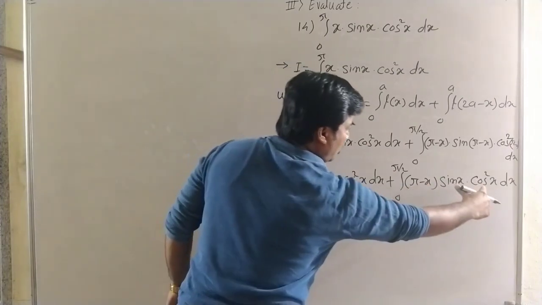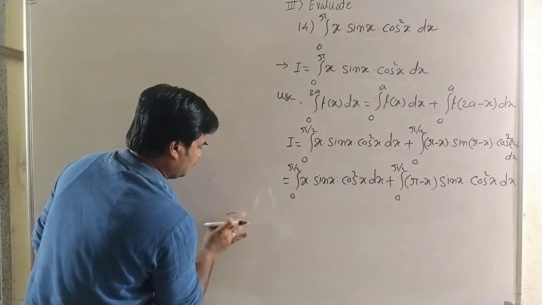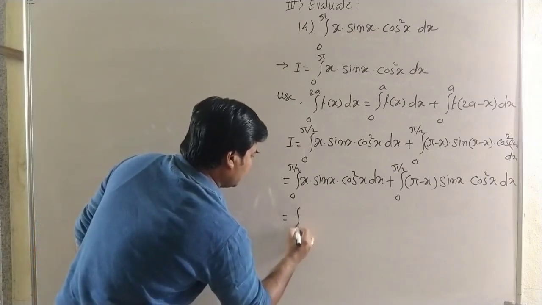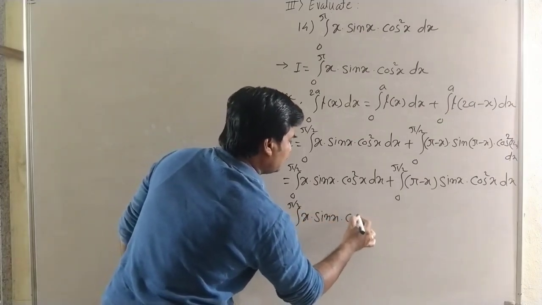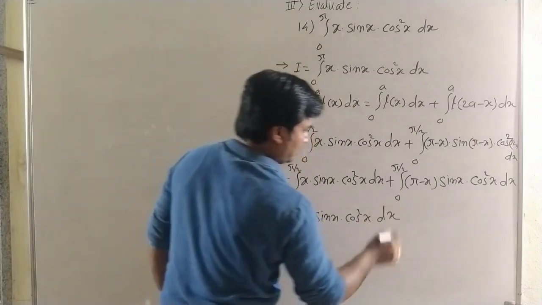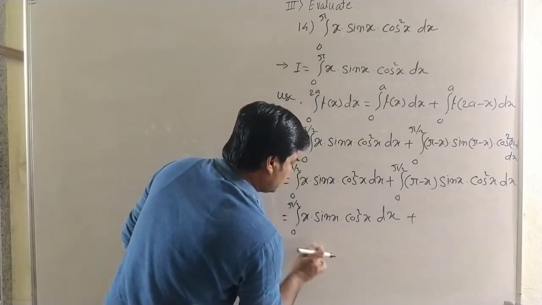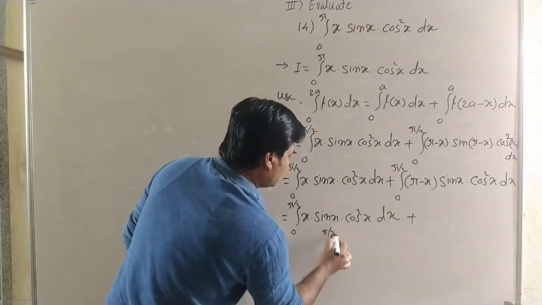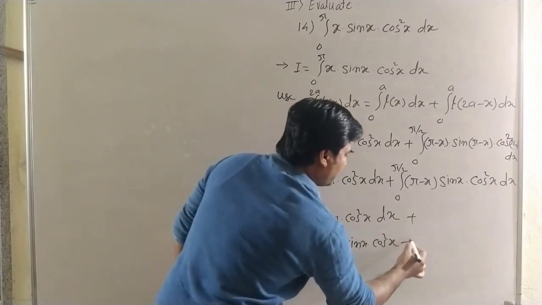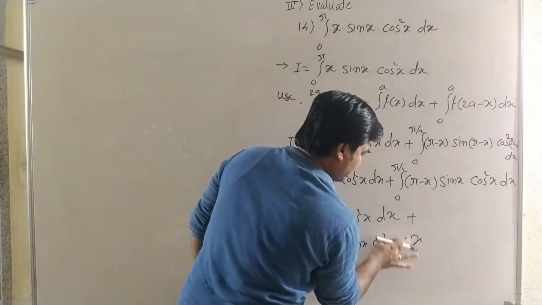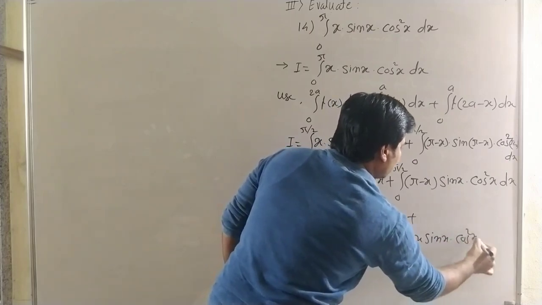Now multiply these two terms. We can write integral 0 to pi by 2 x into sin x into cos square x dx, and plus integral 0 to pi by 2 pi sin x into cos square x minus x sin x into cos square x dx.